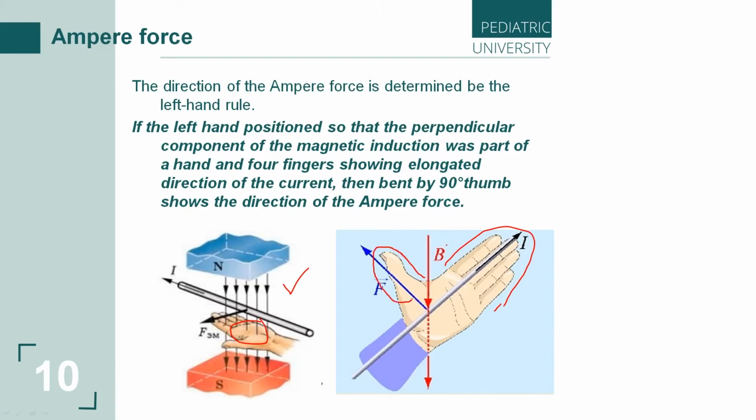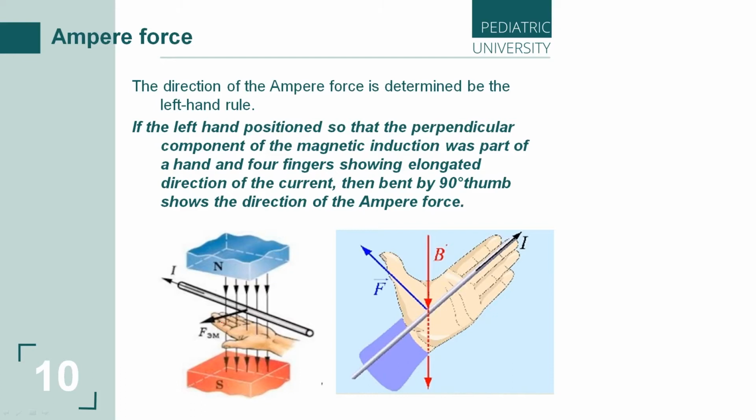Like in this picture, the Ampere force is here. In these figures, the magnetic lines enter the palm, the four fingers show the direction of the current, and the thumb bent 90 degrees shows the direction of the Ampere force which acts on this conductor with an electric current.